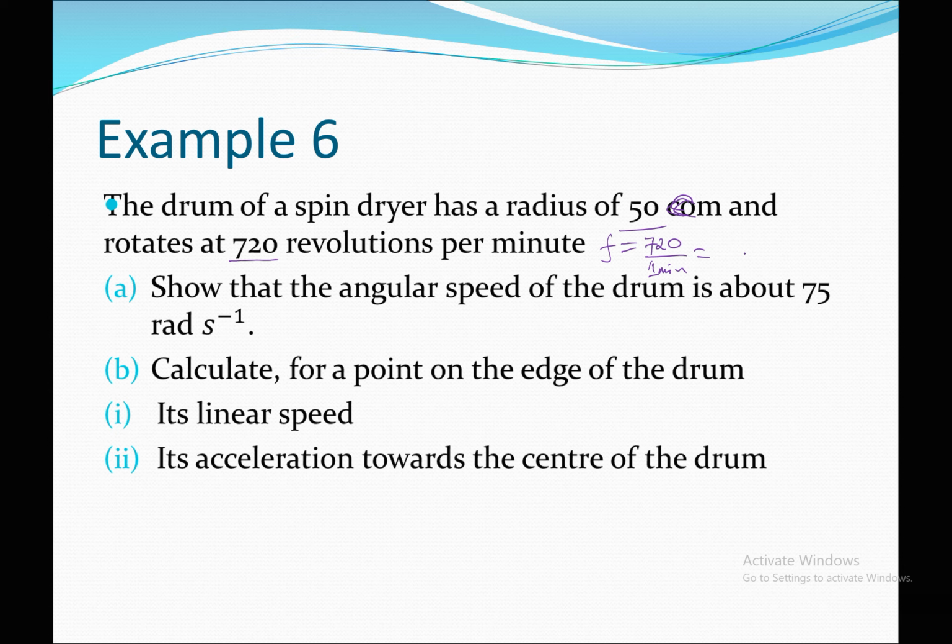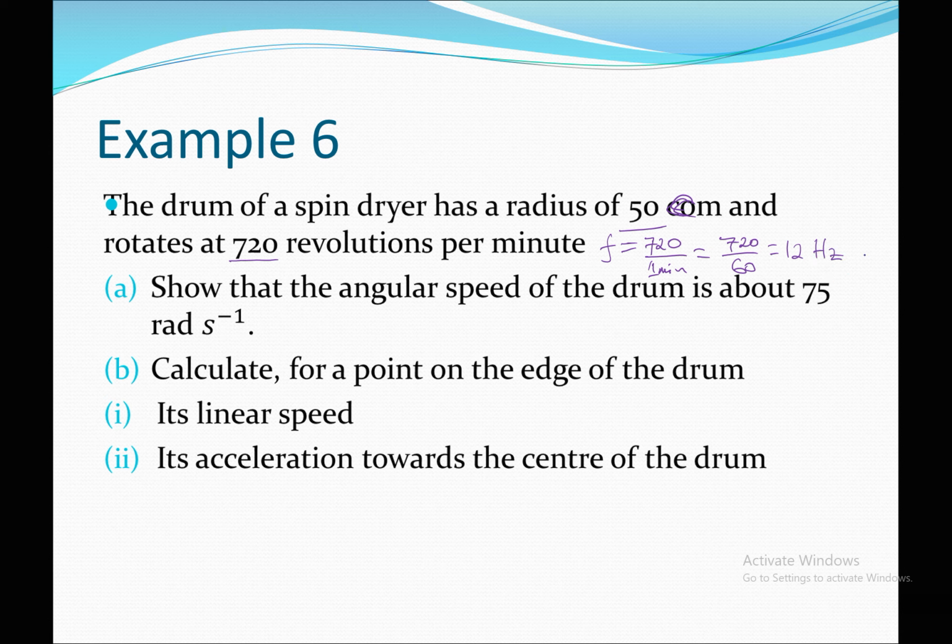I'm just going to change it to per second. 720 per minute is the same as 720 divided by 60 to make it per second. So the frequency is 12 revolutions per second, which is 12 hertz.